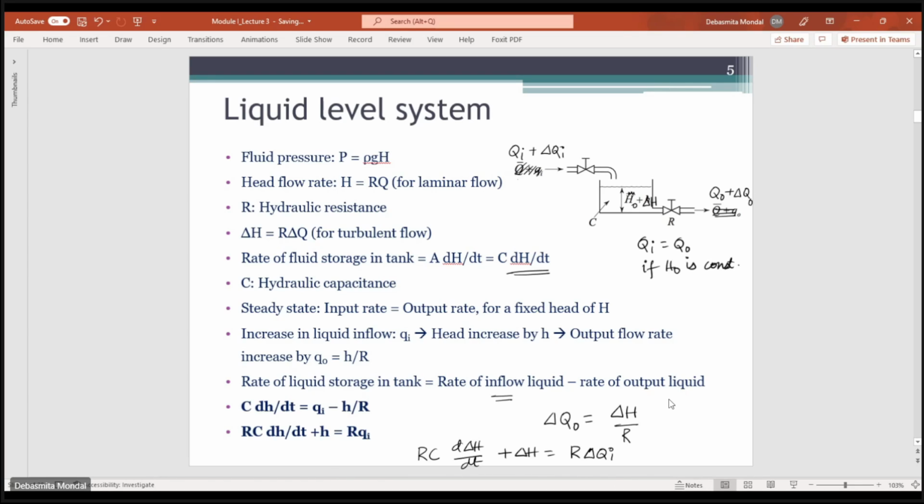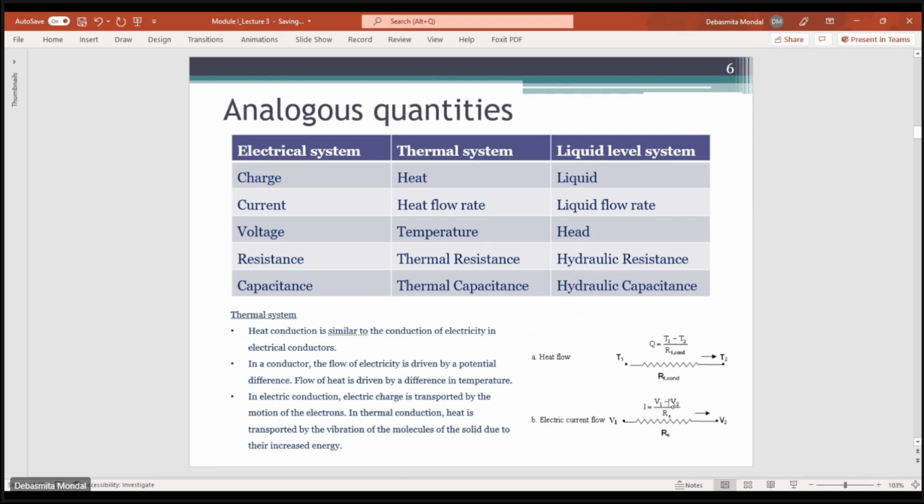Now we'll see how this liquid level system or this thermal system are analogous to electrical systems. We have seen the analogy between a mechanical system and an electrical system. A similar kind of analogy exists between electrical and thermal, or electrical and liquid level.